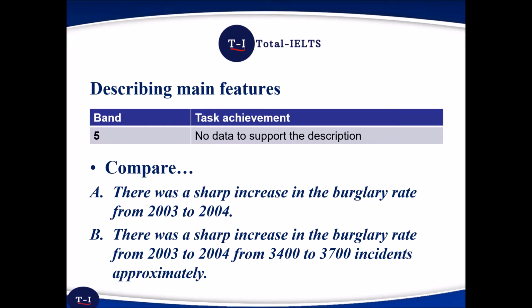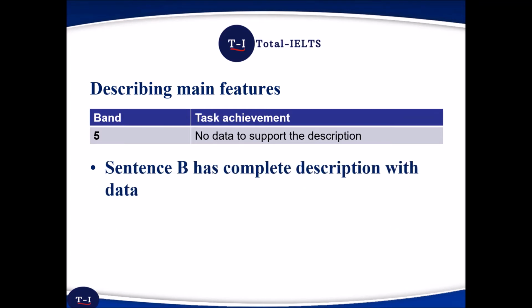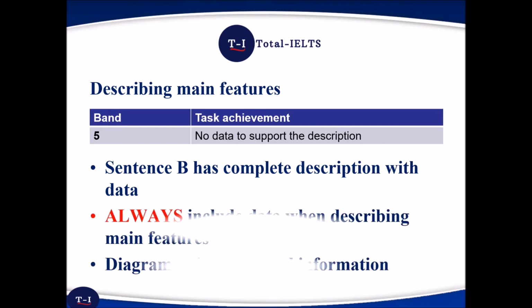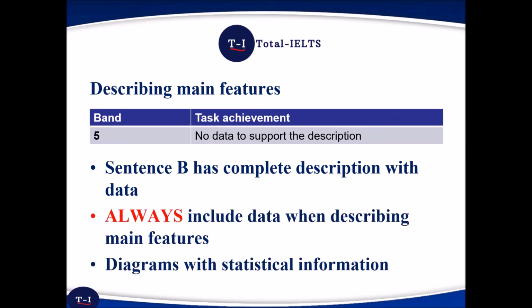And B says there was a sharp increase in the burglary rate from 2003 to 2004, from 3,400 to 3,700 incidents approximately. So sentence B has a more complete description with the data. So always include the data when describing the main features. This is for diagrams with statistical information.